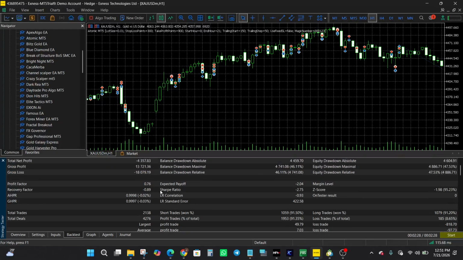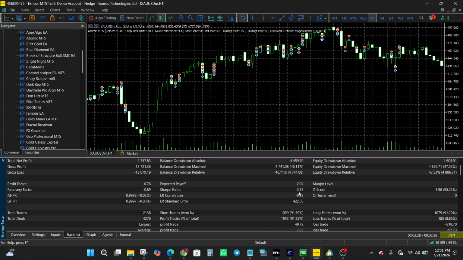We can see that the profit factor came in at 0.76, meaning that for every dollar made, more than a dollar was lost. Now, recovery factor was negative, and the Sharpe ratio was negative 2.75, both reflecting that poor risk adjusted outcome.